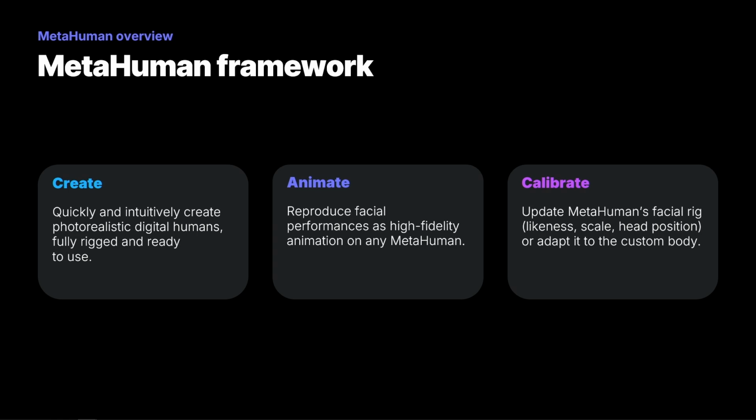First step is creation. MetaHuman Creator allows you to quickly create photorealistic digital humans, fully rigged and ready to use. You can create MetaHumans in minutes, starting from one of the preset characters, or convert your own custom mesh into a MetaHuman using the plugin for Unreal Engine called Mesh to MetaHuman.